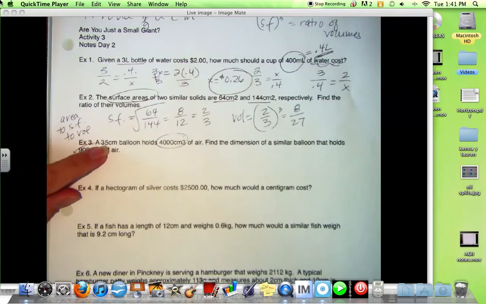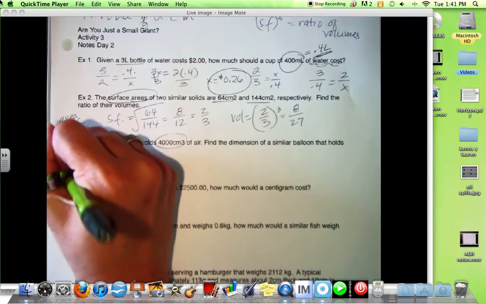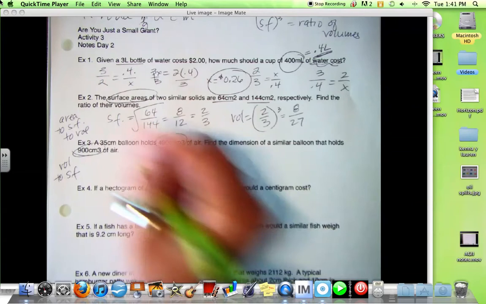This measurement right here, is it implying a one-dimensional scale factor length, an area, or a volume? It's one-dimensional. So if we're given volumes, we have to take the cube root so that we can find the scale factor. So we need to go from volume to scale factor.